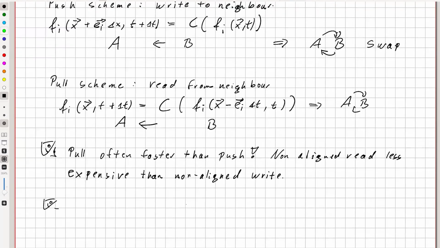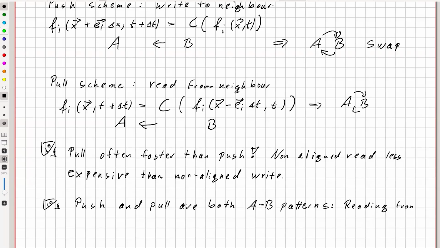Now this push and pull, as I said, are both A-B patterns because they require reading from B and writing to A, then reverse order.